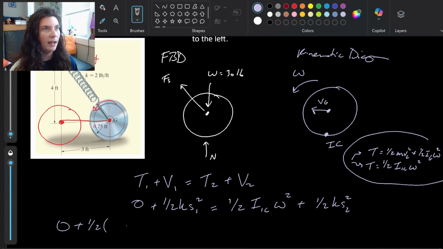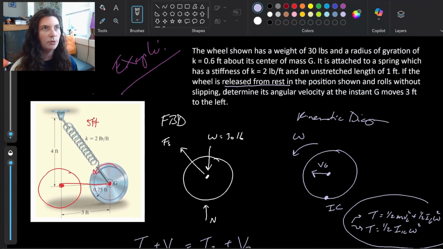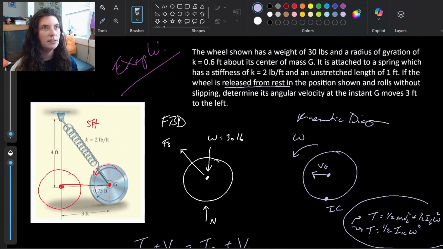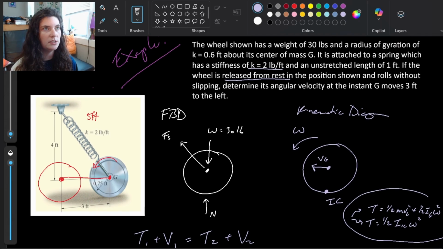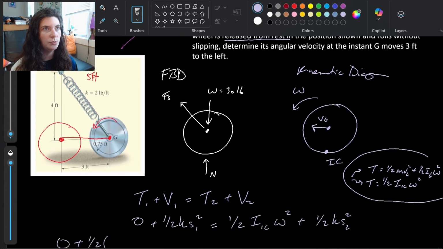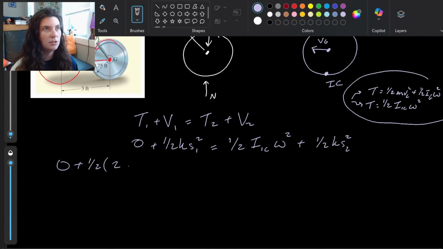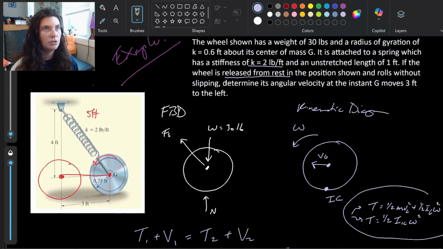0 plus 1/2 times k, the k value they gave us, again not the radius of gyration here, but the stiffness constant. That stiffness coefficient, k equals 2 pounds per foot, times s squared.